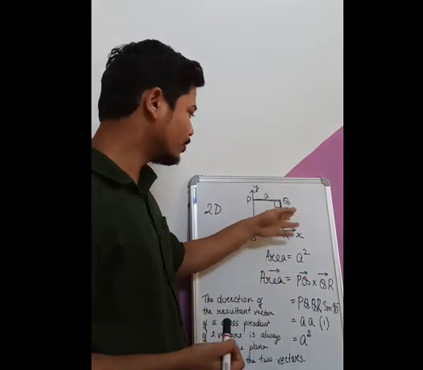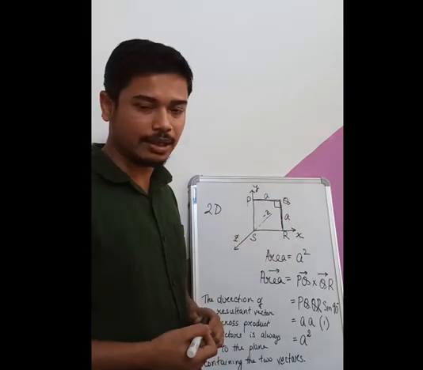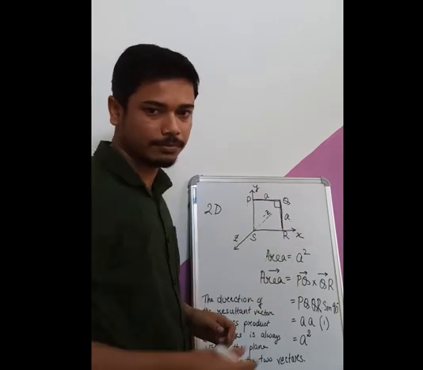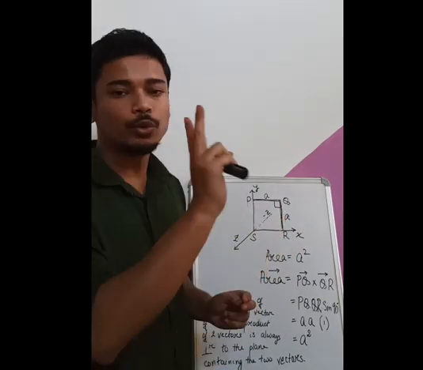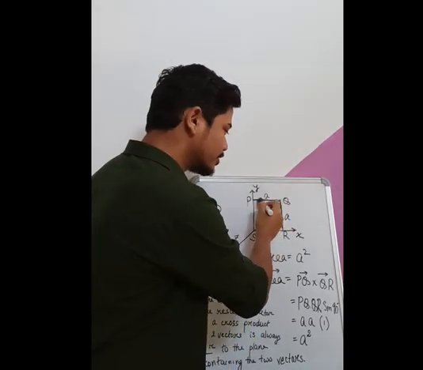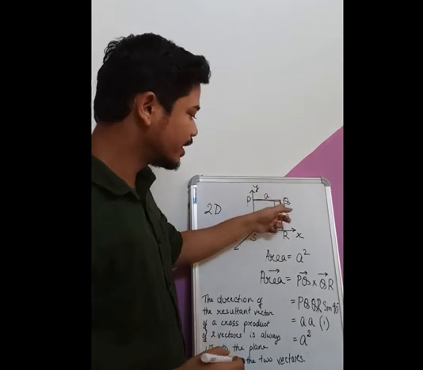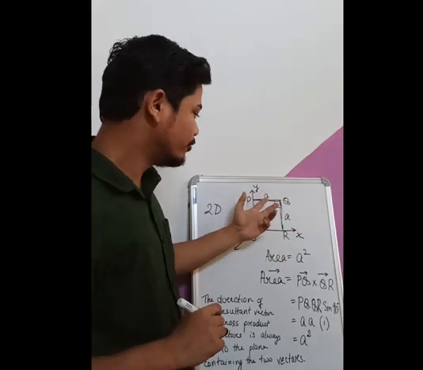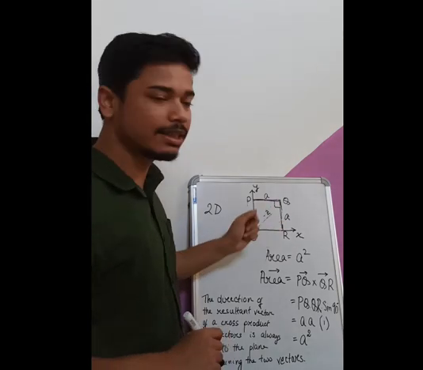Similarly, we can also take the QR length to be a vector quantity along the y direction. So what we have done here is we have just multiplied two vectors. PQ is a vector and QR is also a vector. If we multiply these two vectors, then what is the angle between them? The angle between them is 90 degrees.